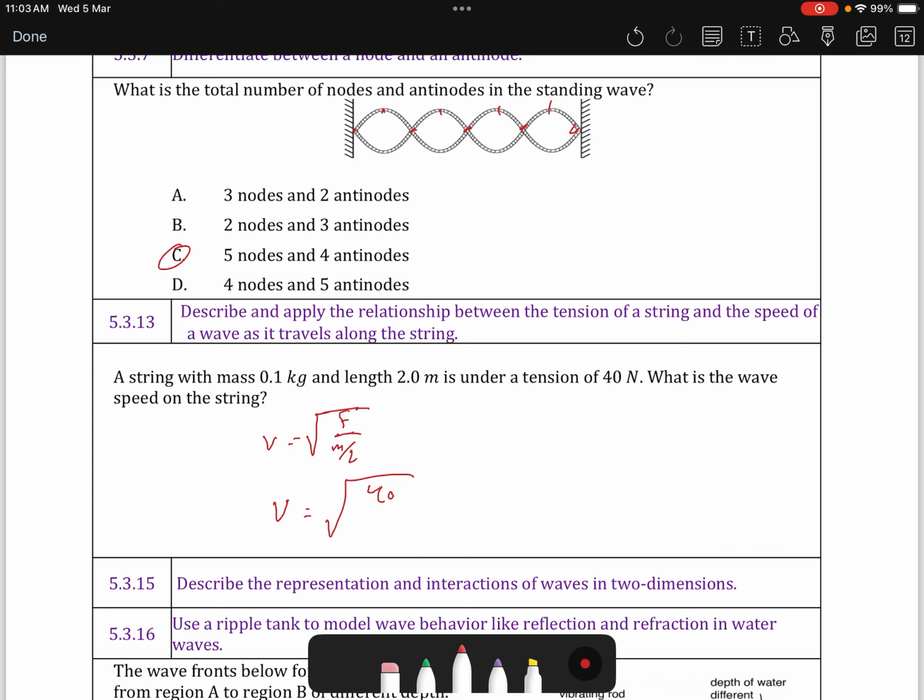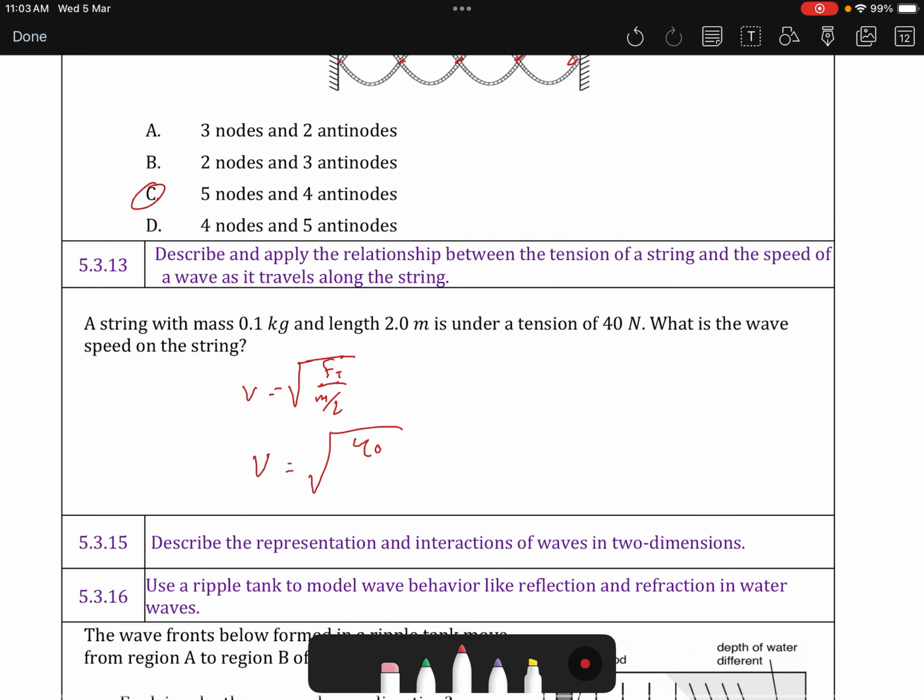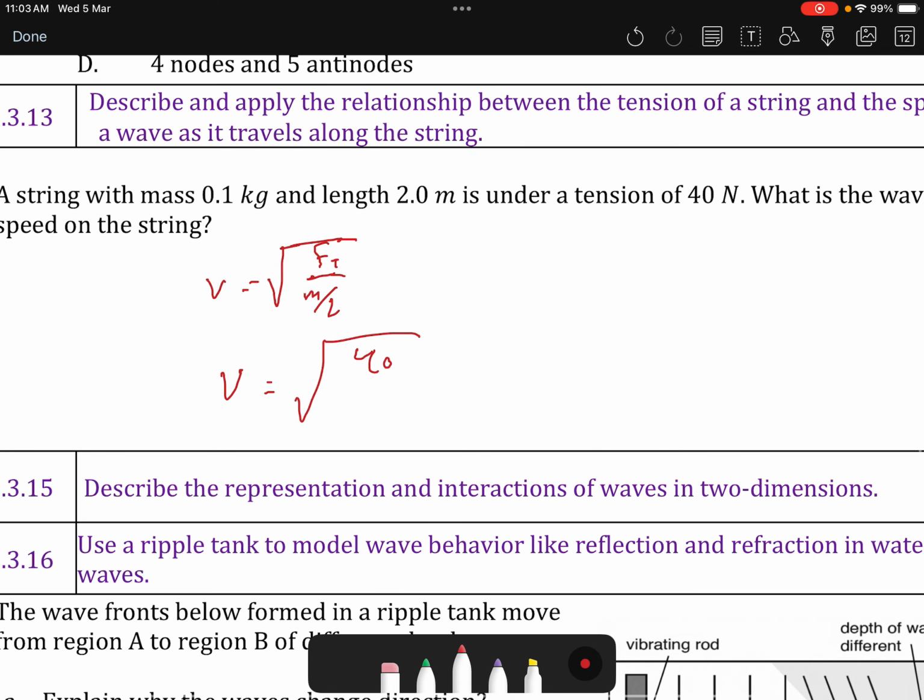So let's call it FT instead of T, because some students would say it's the period. No, it's not the period, it's the tension. So 40 over 0.1 divided by 0.2. So the answer is 28 meters per second. And let me correct here, it's 2.